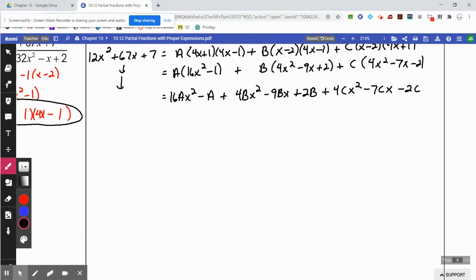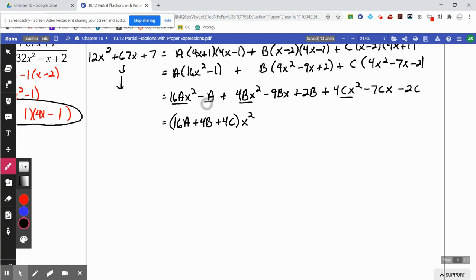So now let's go ahead and group our x squared stuff together, and let's factor it out. There's x squared. So we're going to factor the x squared out, and I'm going to write it at the end. So we have a 16a, a positive 4b, and a positive 4c when you factor out the x squared. And again, I'm just writing the x squared at the end instead of the beginning.